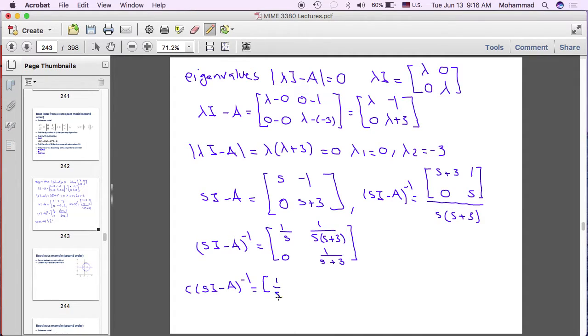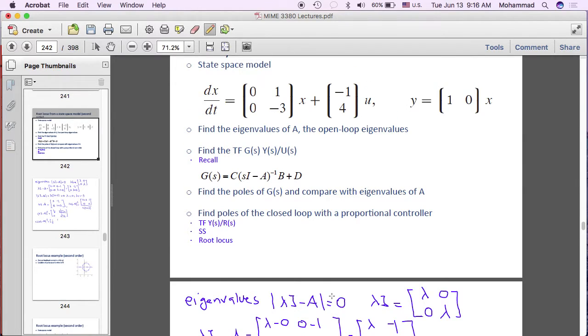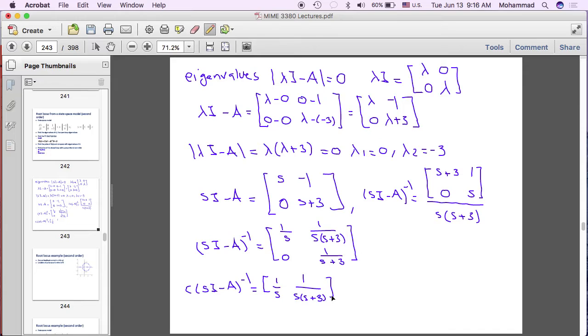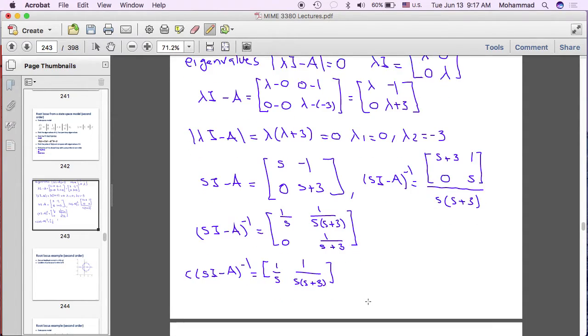So this is what survives from the first column. And from the second column, you will have 1 over s times s plus 3. Remembering that C, as we have it up here, is 1, 0. So 1, 0 gets multiplied by the first column, so the first element would survive. And when it gets multiplied by the second column, again, the first element survives. So that's C times sI minus A inverse.